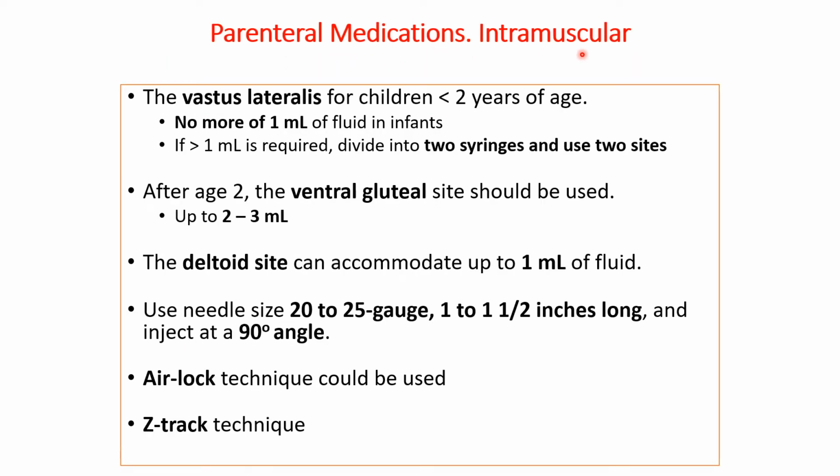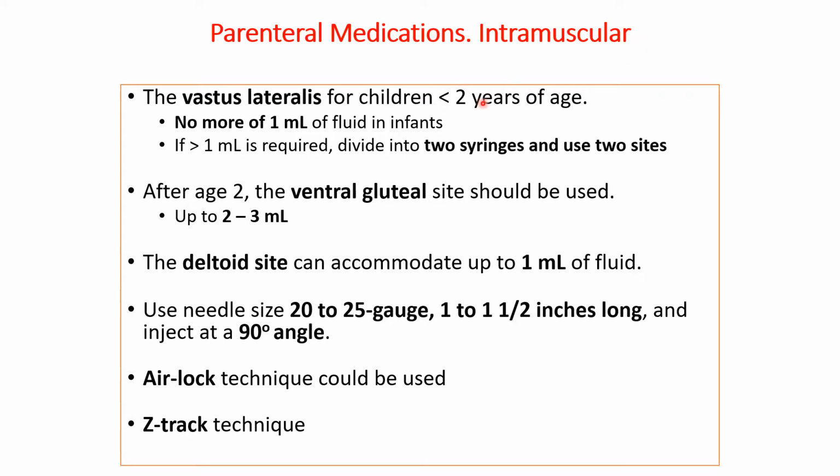For intramuscular medications, as I said before, we use the longer needles, 1 inch in children, 1.5 or 2 inches in adults, and we enter at a 90 degrees angle. It's important that not all muscles can be used for intramuscular, and it depends on the age of the client.